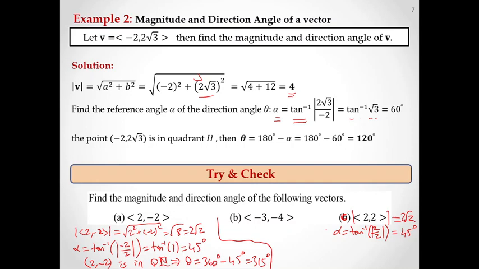And 2, 2 is in the first quadrant. So which angle has the reference angle 45 in the first quadrant? The angle should be 45 itself, because in the first quadrant, the angle and its reference angle are the same. Theta is equal to alpha in the first quadrant. So the direction angle will be 45 degrees.